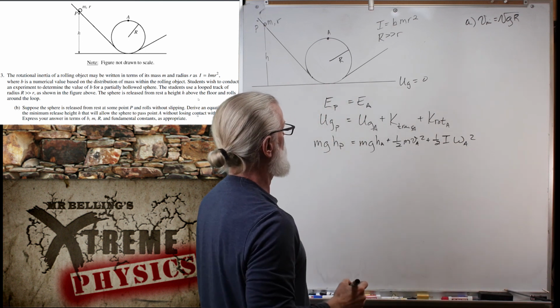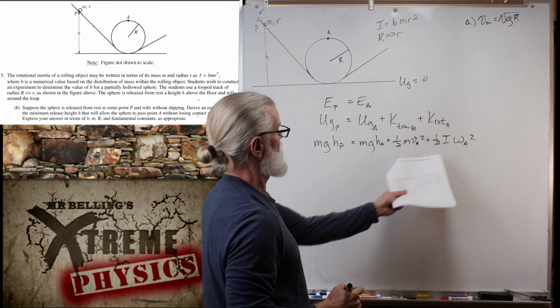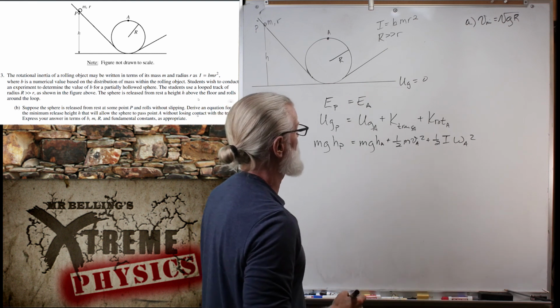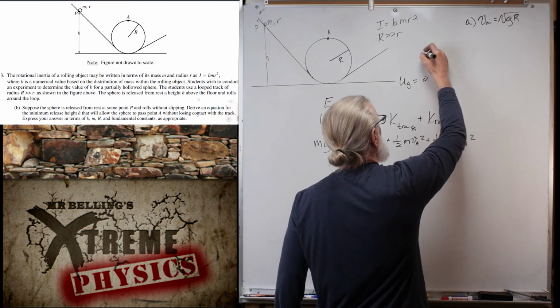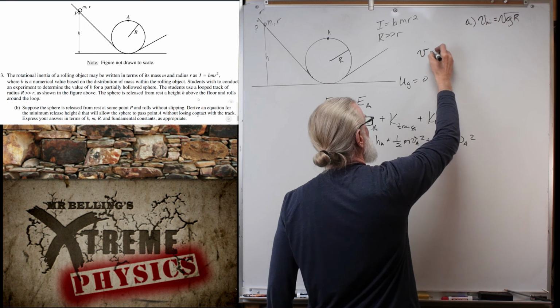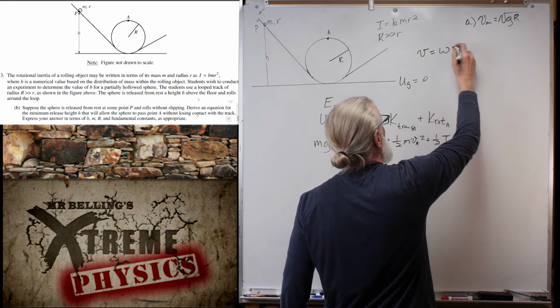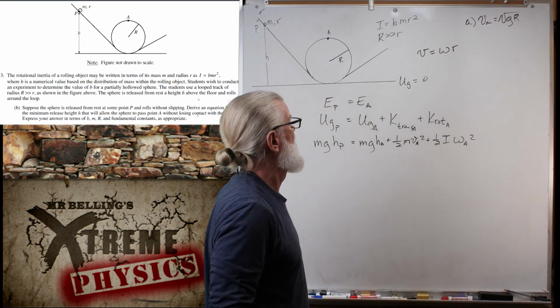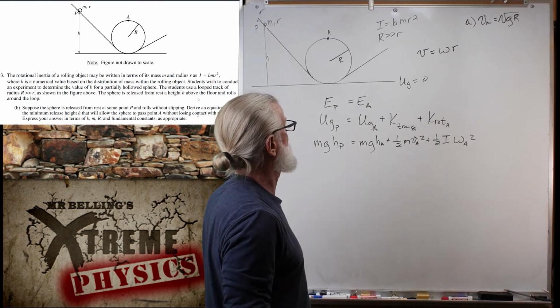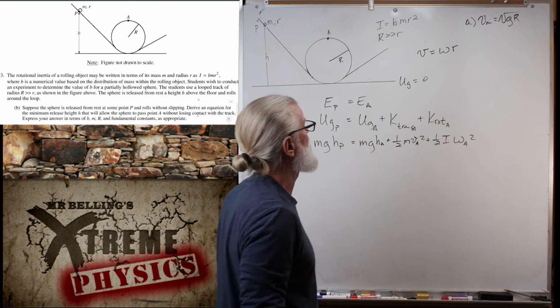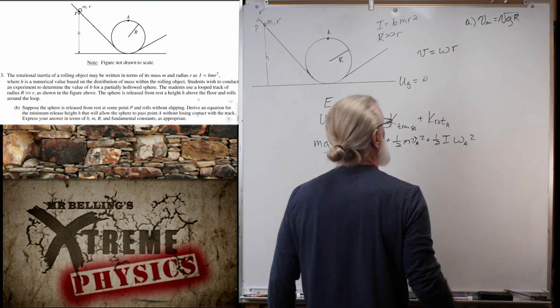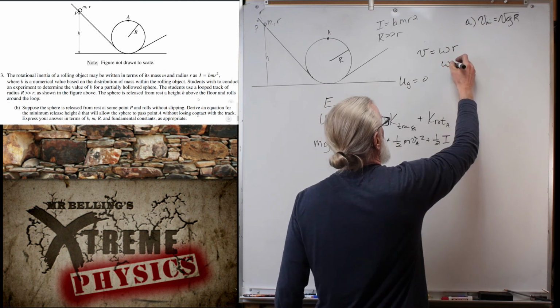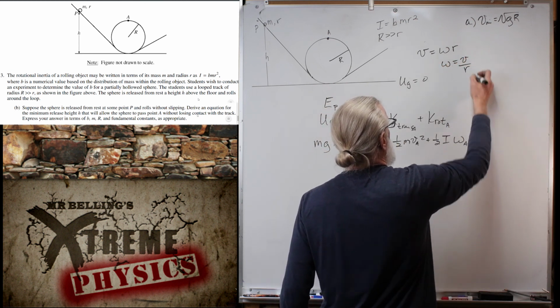All right, so we're going to need to get rid of omega. Since it's rolling without slipping, which is a key idea, we know that v equals omega r. In that case, it's little r because that's the radius of the little sphere. Therefore, omega equals v over r.